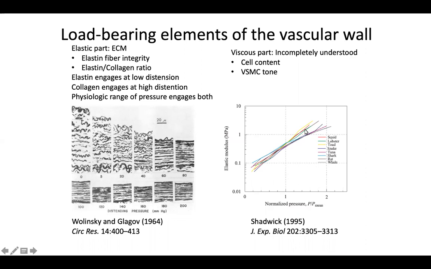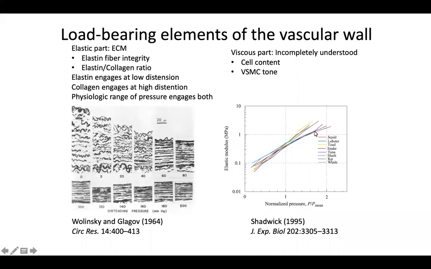The other interesting thing that I would like to point out is that across a whole range of species, going from reptiles to squids, all the way to mammals like rat and even the whale, the incremental elastic modulus, when normalized to the distending pressure, pretty much lands on the same curve.